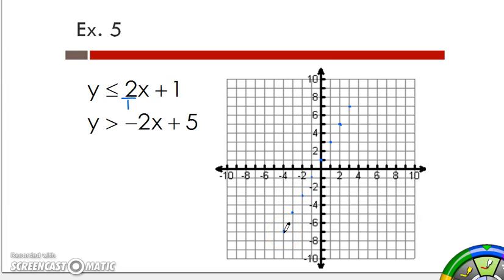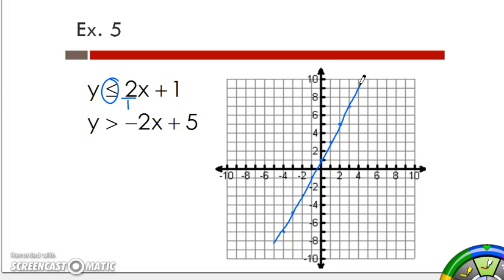And now I pay attention to, I see that I have a less than or equal to, so I am going to use a solid line. So now I'm going to make my line. So that is my line. And now I'm going to do my shading.